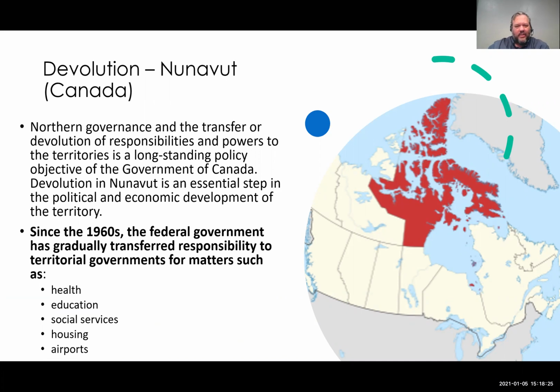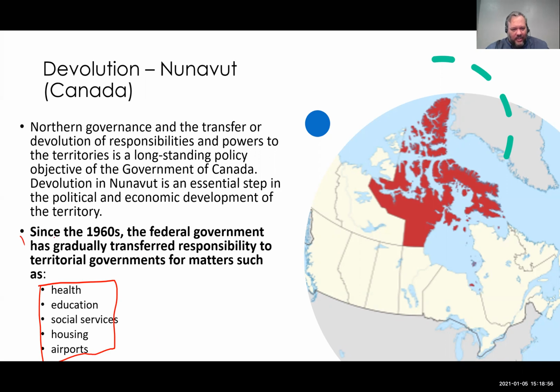So this is in Canada. This is Nunavut. I had to look that up. This is Nunavut, a territory in Canada here. And so since the 1960s, the federal government has transferred responsibility to territorial governments for matters such as, and so this group in this area called Nunavut has requested more sovereignty or more self-determination for themselves to act as more of a semi-autonomous or autonomous unit.